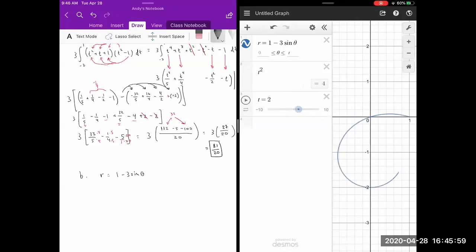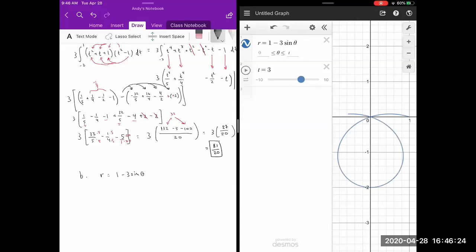So I kind of tricked it, but I'm able to get a slider for t, and I'm letting theta go in between 0 and t. So 0 is actually at 1. So it's hard to tell where that occurs, but we can try to make it happen.